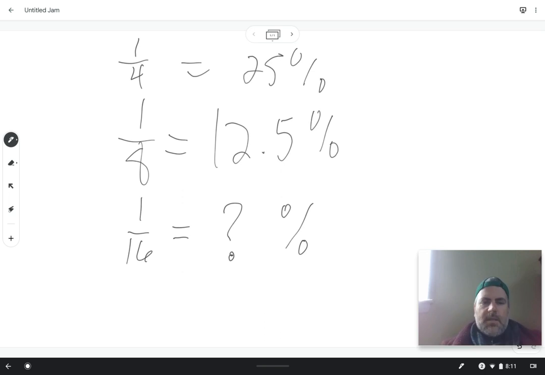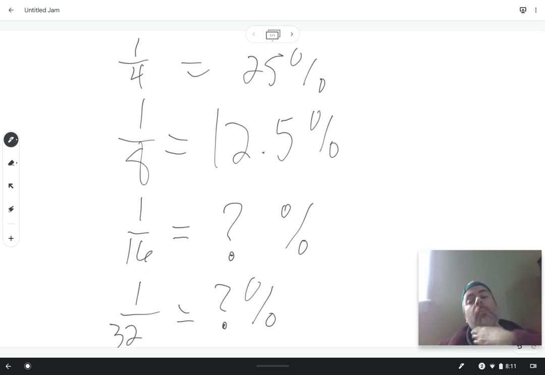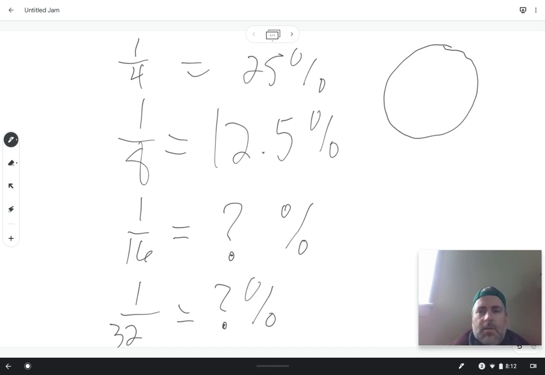What percentage is 1/32? And so forth. Again, I apologize for the handwriting. It's atrocious. It's bad enough on a whiteboard, never mind on the screen with the silly stylus, but I hope you get the idea. So next time I do a video, we'll go over 1/16 as a percent, 1/32, and then we'll also just do some more because we could break this circle down into a number of different ways.